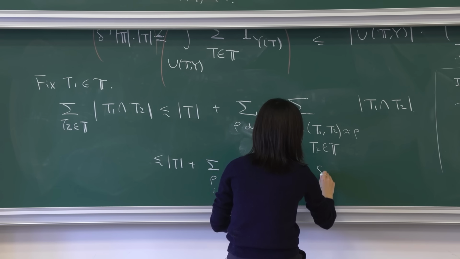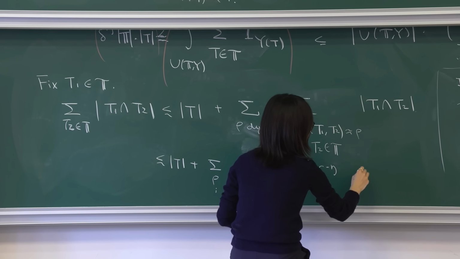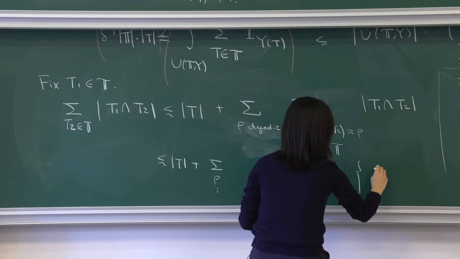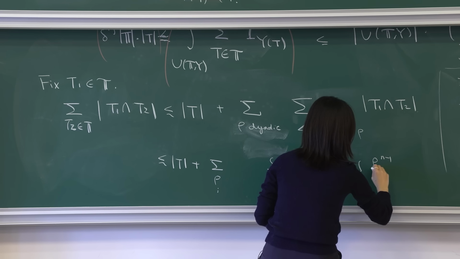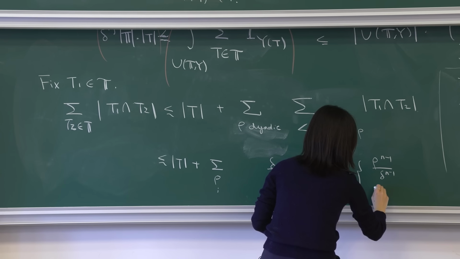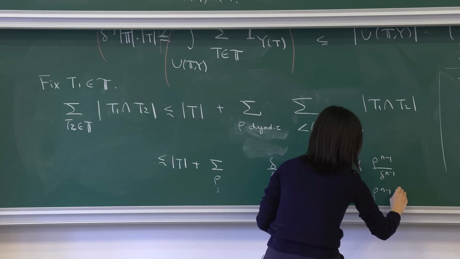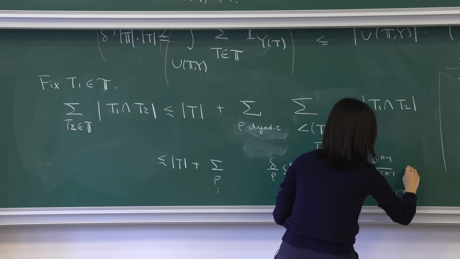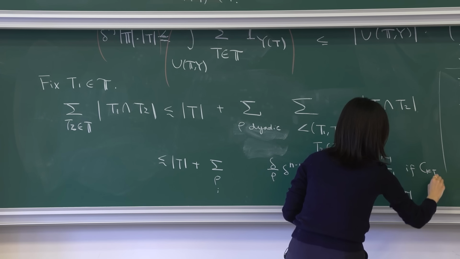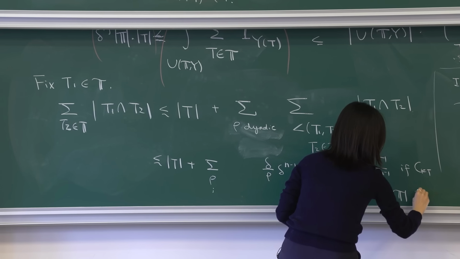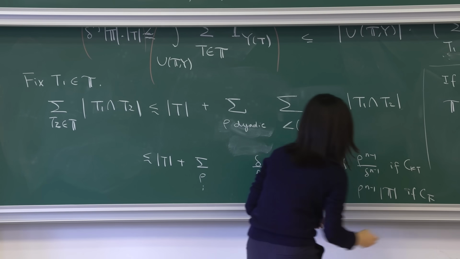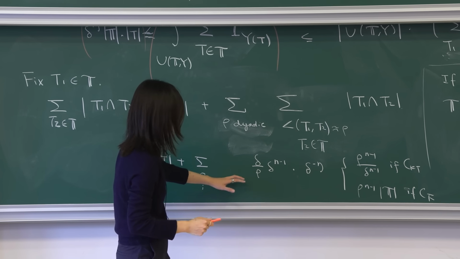So times delta to the minus eta, rho to the n minus 1 over delta to the n minus 1, or rho to the n minus 1 times the number of tubes. This is basically the argument.